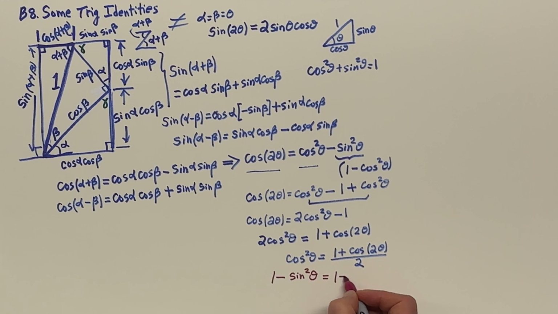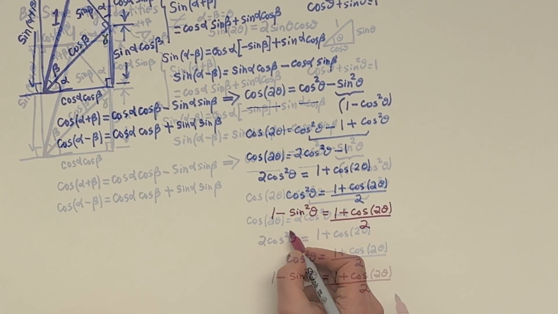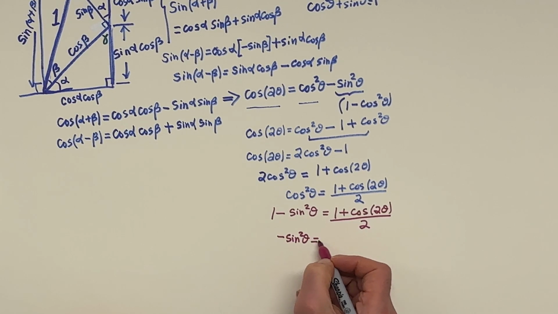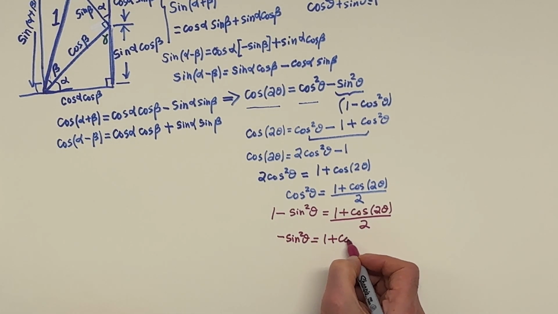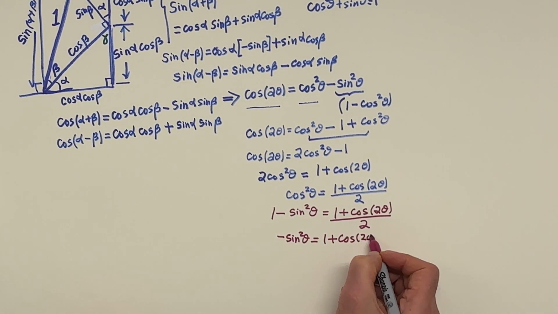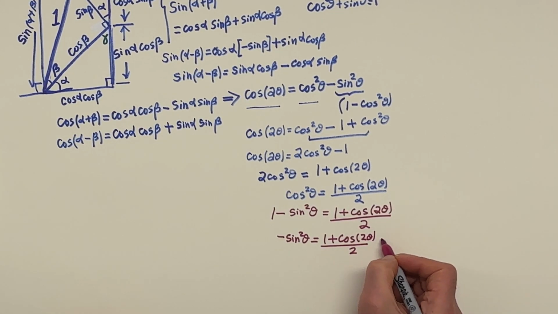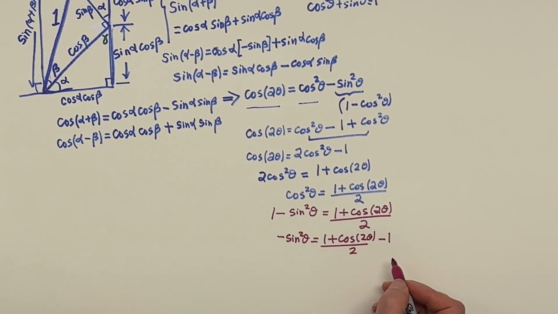We're just deriving trig identities in this section. Can be useful. So we have this. Now this gives us minus sine squared theta equals 1 plus cosine 2 theta over 2 minus 1, by taking the 1 on the other side of the equation.